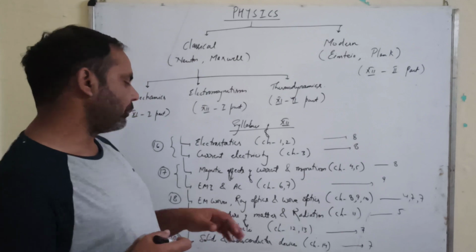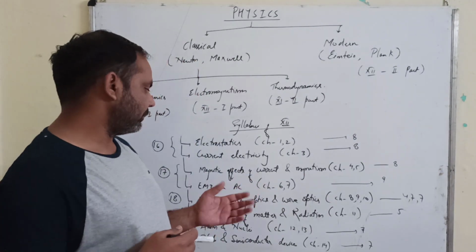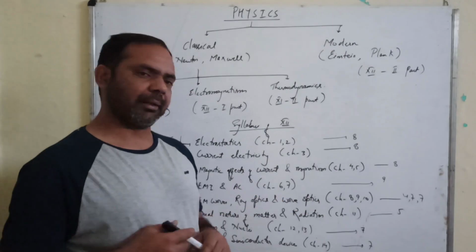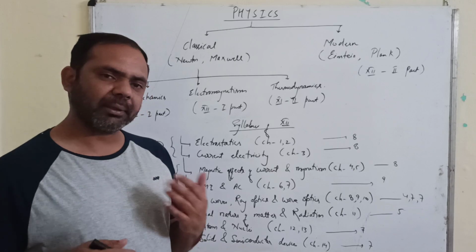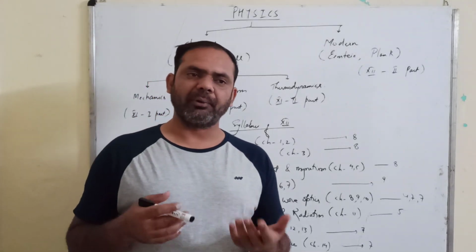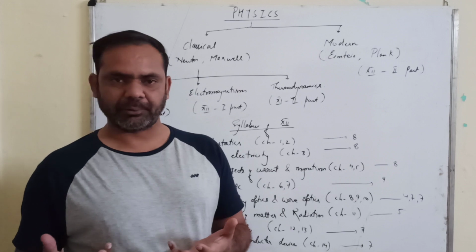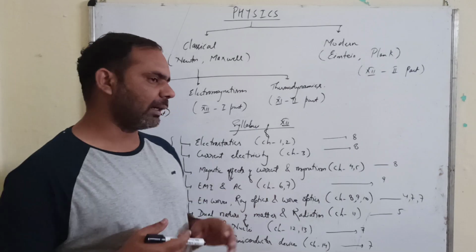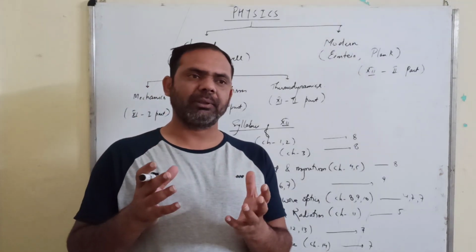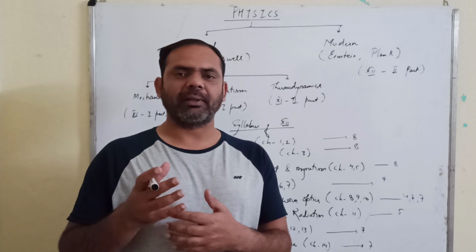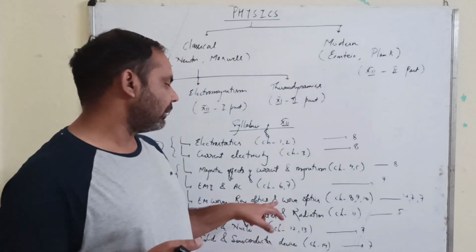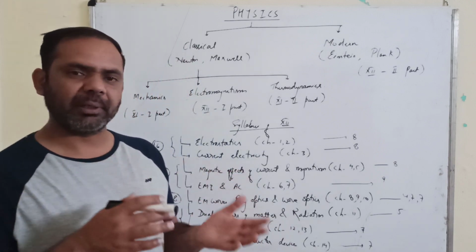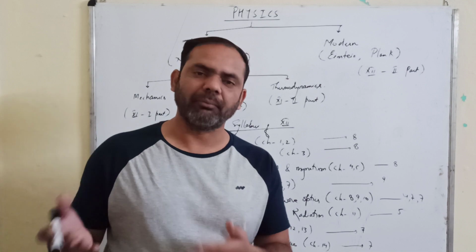Then after that, dual nature of matter and radiation. In the chapter discussing ray properties of light, the light behaves just like a particle. Then we will discuss that light is not behaving like a particle, but rather it behaves like a wave.